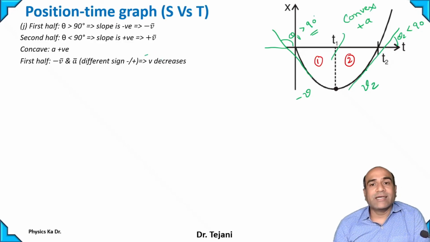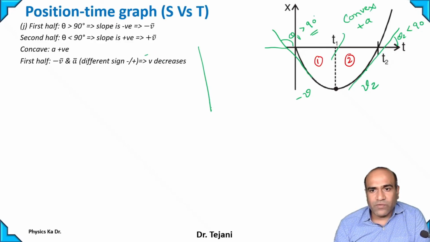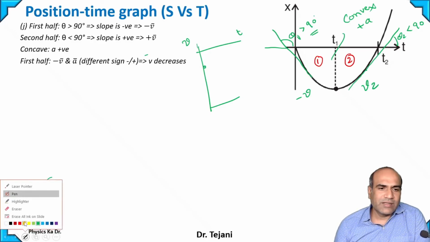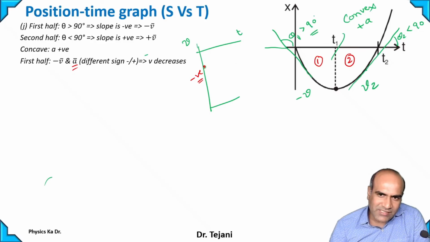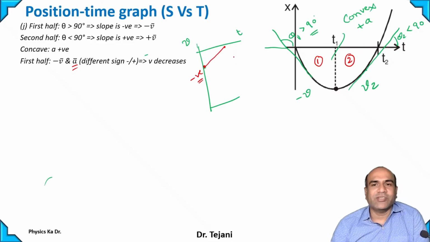Negative velocity decreases. If I do a graph, this is velocity and this is t, so it has negative velocity somewhere here. There is an acceleration, so the negative velocity decreases in this direction.